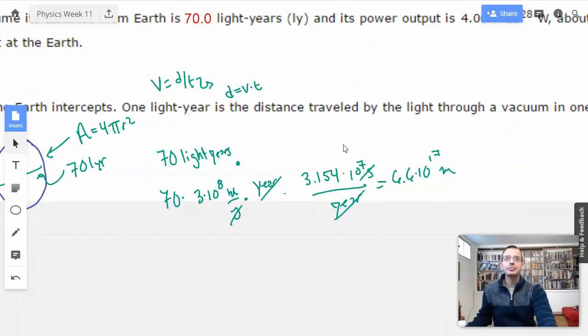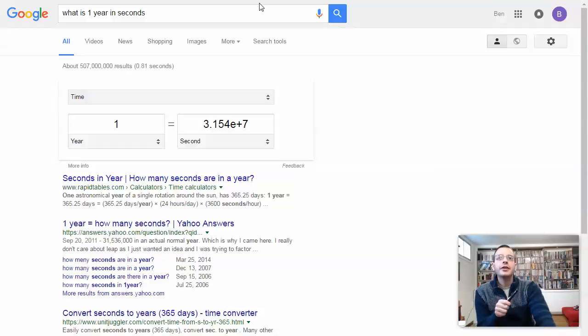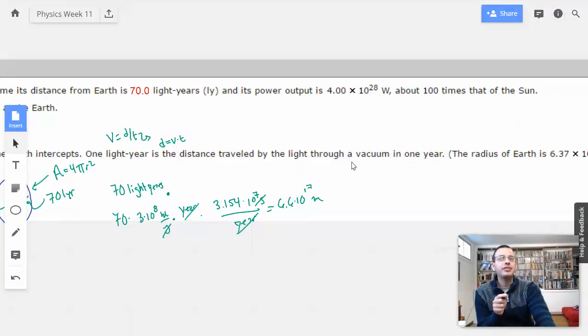All right? So now we need to do 4 times pi times this giant thing squared. That is going to give us the surface area. And now we're going to take the power and divide that by the surface area. So 4 times 10 to the 28th.